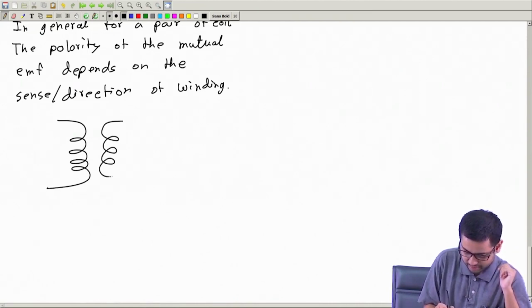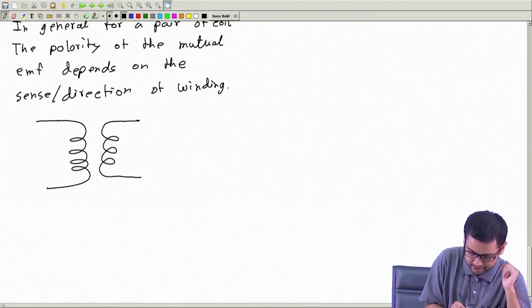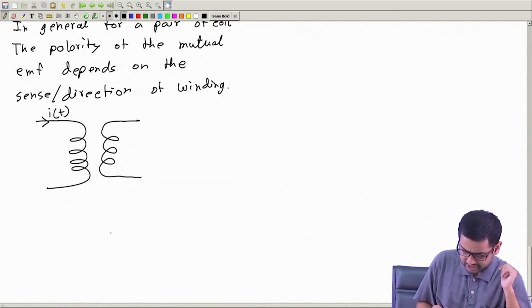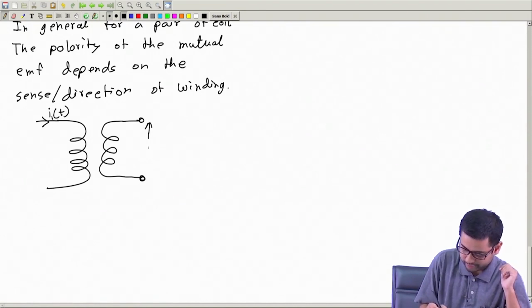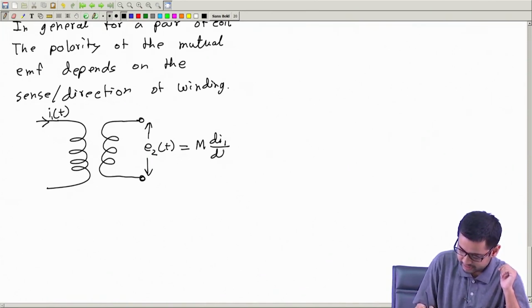So this is a pair of coils, and if we denote this current as I1, and say there is no current in the second coil, then we have only the EMF induced due to the first current, call it E2. This is definitely given by, according to Faraday's law, M di1 by dt.